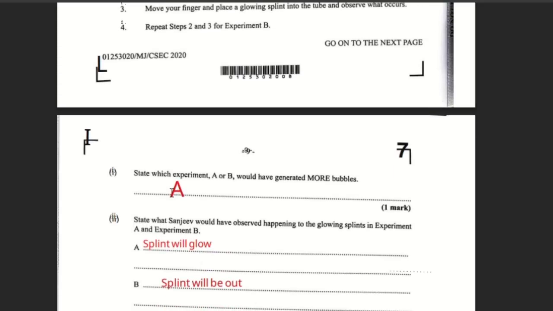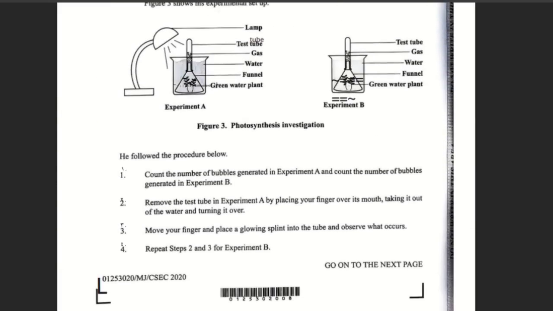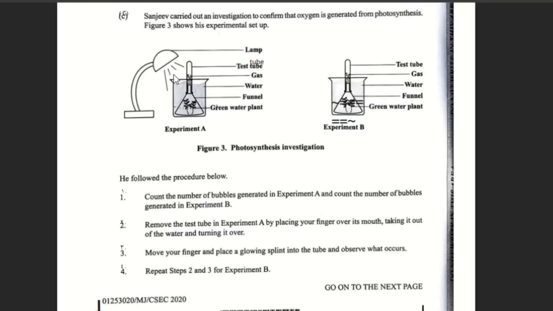Alright, so now state which experiment, A or B, would have generated more bubbles. Experiment A would have generated more bubbles, and the reason is that experiment A had a light source. If we go back to the photosynthesis formula, experiment A had a higher light intensity, right?